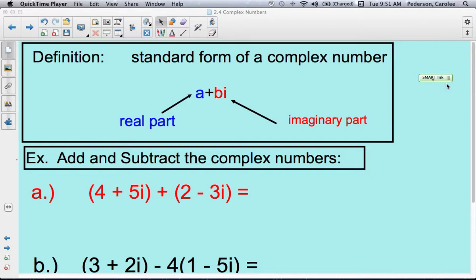The blue is your real part, and then your red is your imaginary part of a complex number. And what we're going to do is we're going to add, subtract, multiply, and divide with complex numbers. So I have some examples for us.